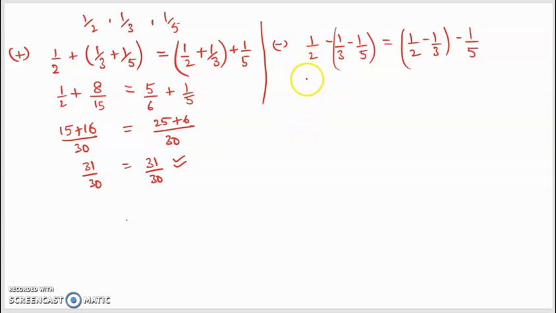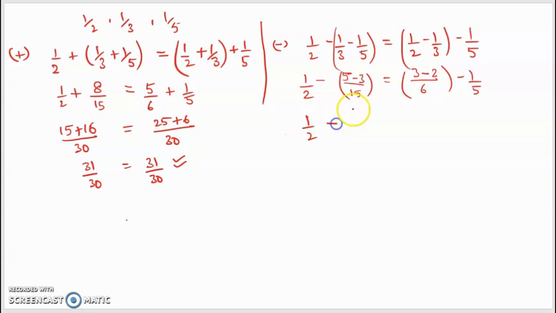Again simplifying them, here the LCM is 6, so the numerator will be 3 minus 2, and here the LCM is 15, so the numerator will be 5 minus 3. Simplifying further, we get 1 by 6 minus 1 by 5 on LHS, and on RHS I get 1 by 2 minus 2 by 15.